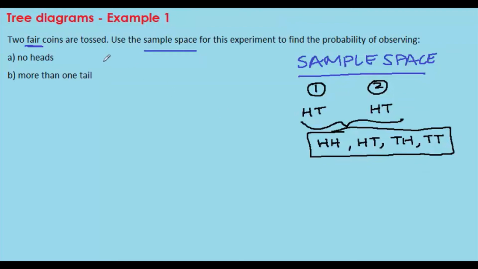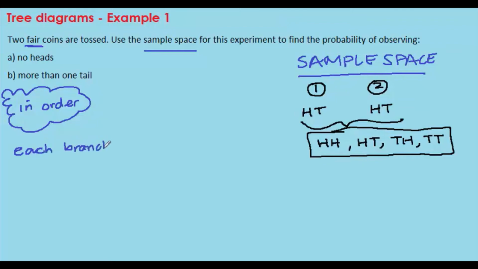The next thing I'm going to do is construct my tree diagram. And remember, when I construct a tree diagram, I want to have everything in order. And then I want to also remember that each branch represents an outcome.